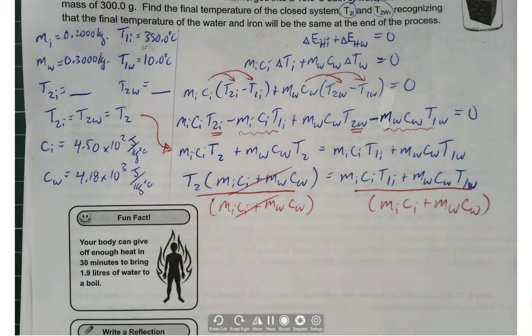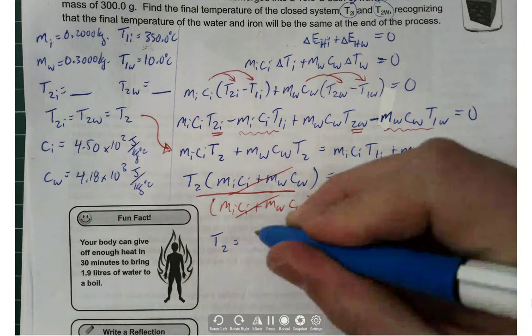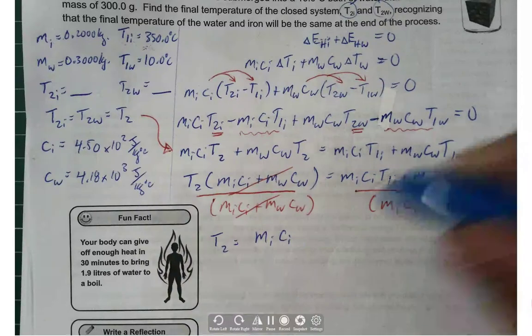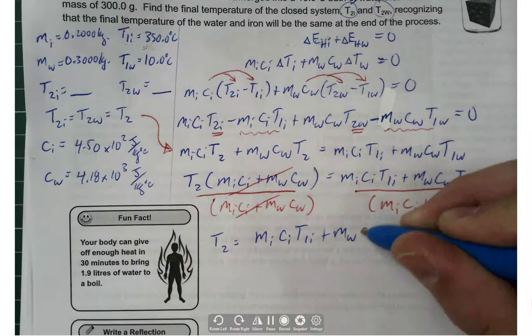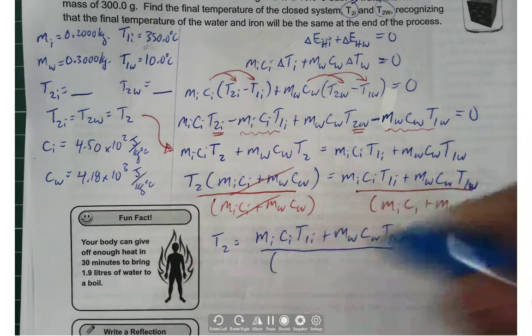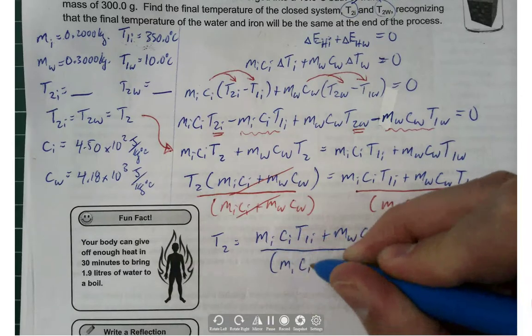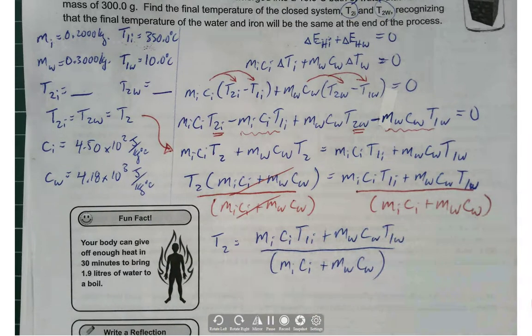So T2 is equal to MICI T1I plus MWCW T1W divided by the binomial MICI plus MWCW. And people are like, oh, could we please cancel things out? Nope, can't do it. Would not be prudent.